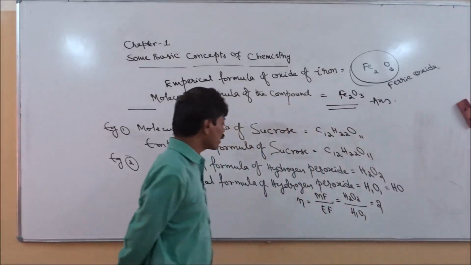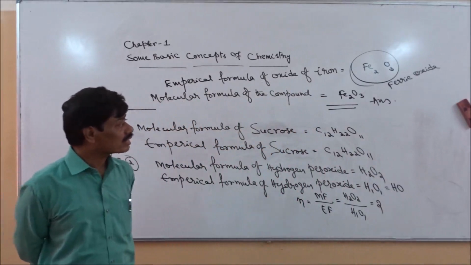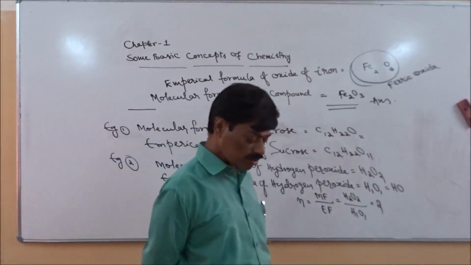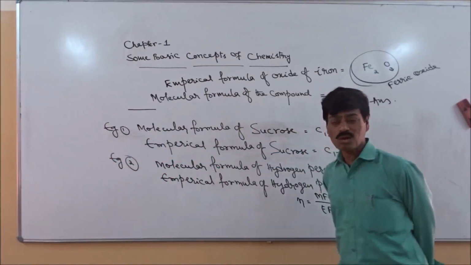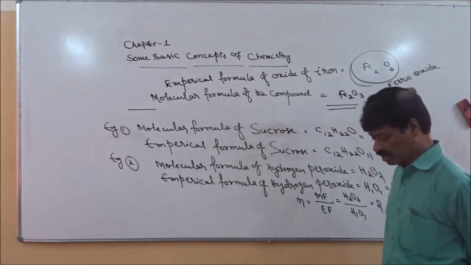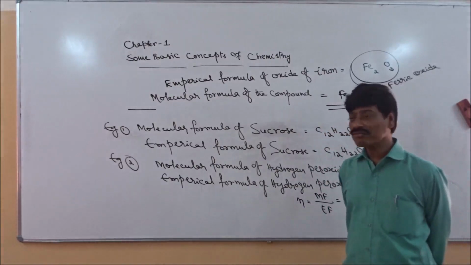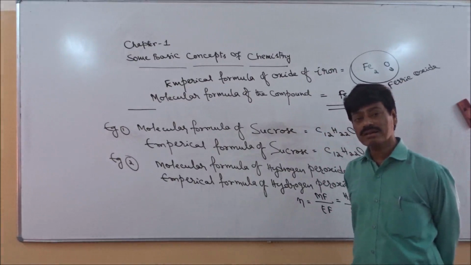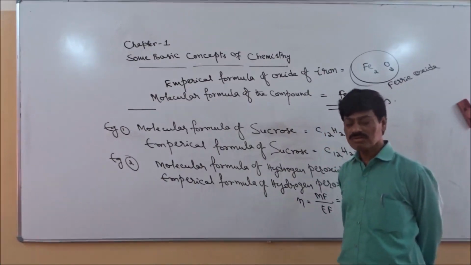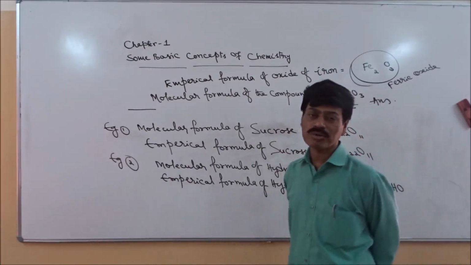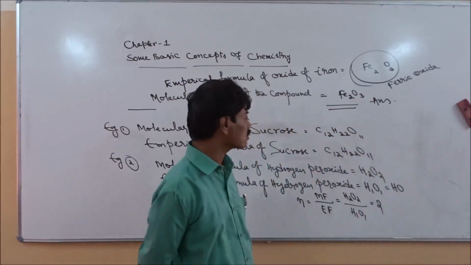Now, if we move to the empirical formula, it tells us about the simple whole number ratio of the different atoms of each element present in one molecule of the given compound, like glucose C6H12O6.